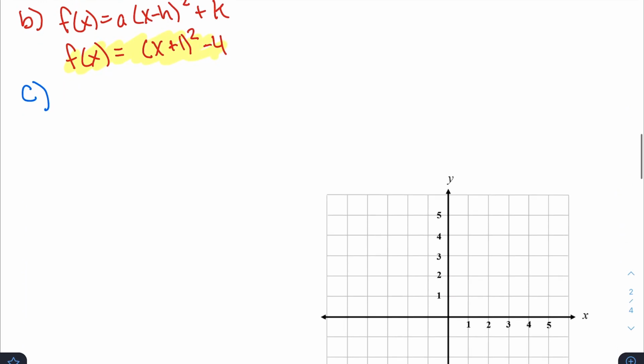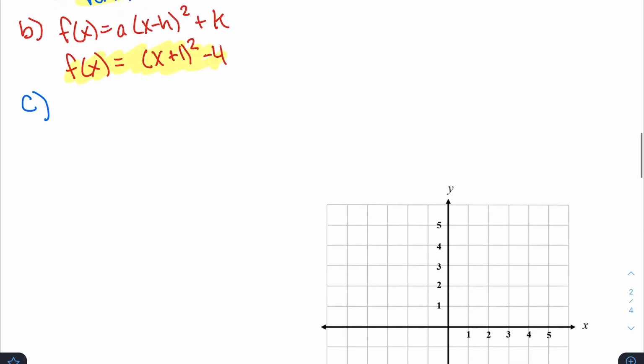So remember what the x and y intercepts are. For the y-intercept, for example, this is the point 0, comma y. That is, what is my y value when x is 0? So if I look at my function, f of x equals x plus 1 squared minus 4, if I plug in 0 for x, I get 0 plus 1 squared minus 4.